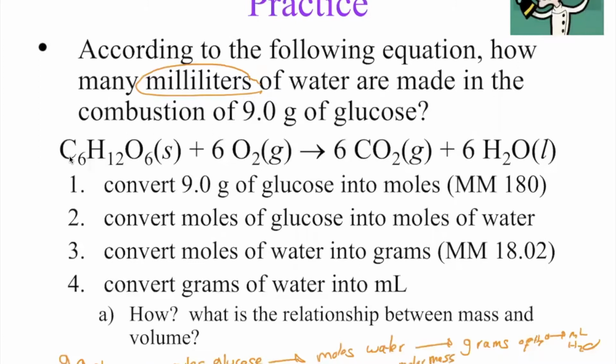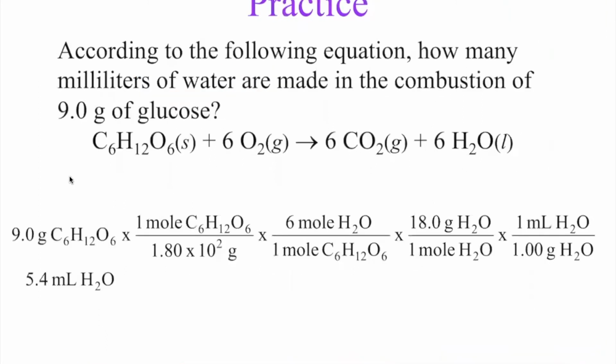From grams of water to milliliters of water, you're going to use the density of water. Once you try it on your own, move on to the next slide where the answer will be provided for you.